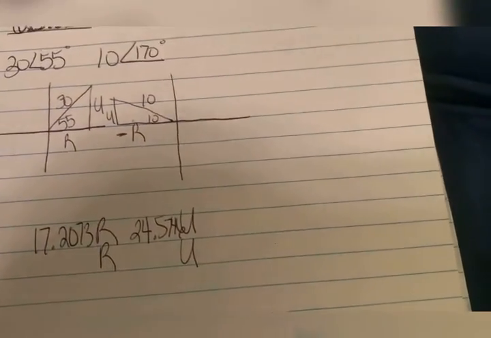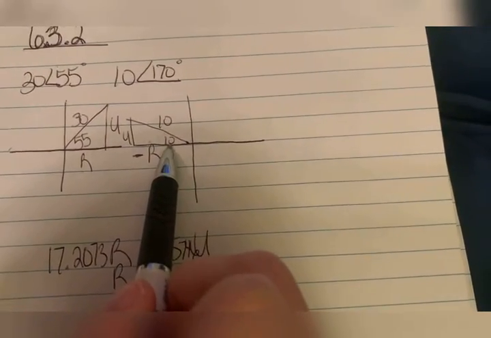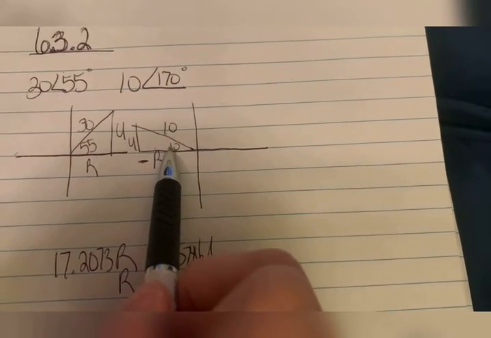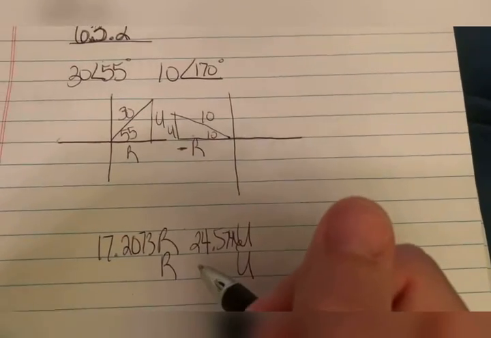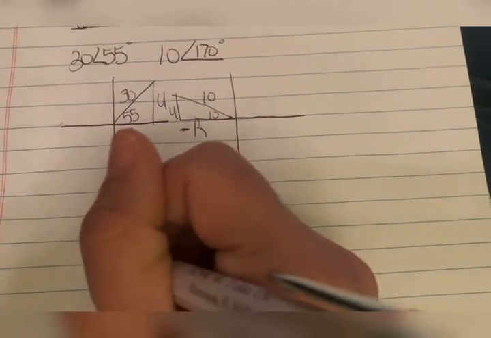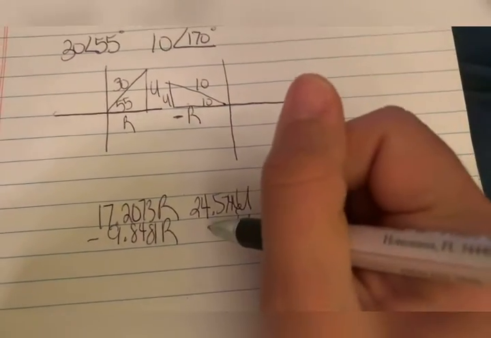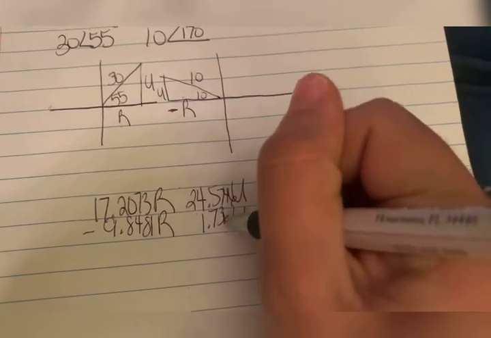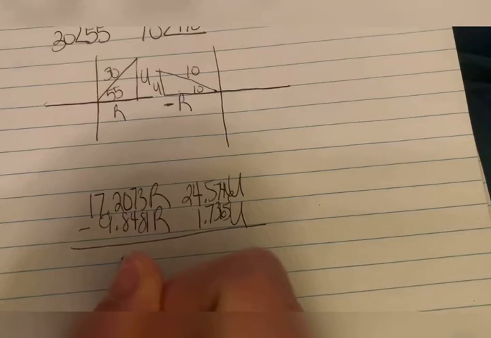Then over here, you're going to do for the r, cosine 10 equals r over 10. Then for the u, sine 10 equals u over 10. You should end up getting for your r negative 9.8481 and positive for your u 1.7365, okay?